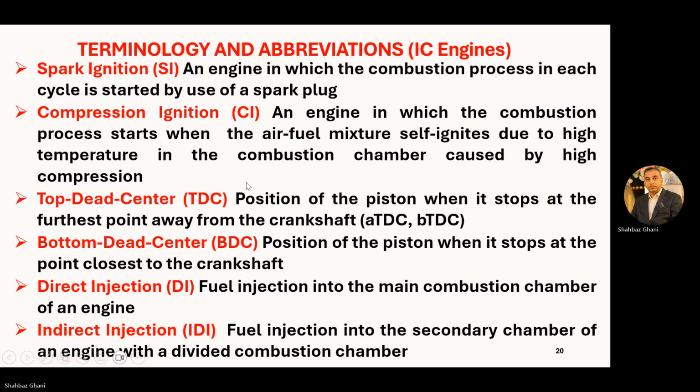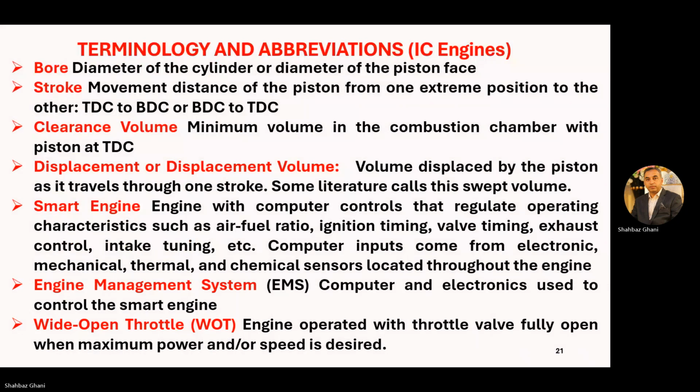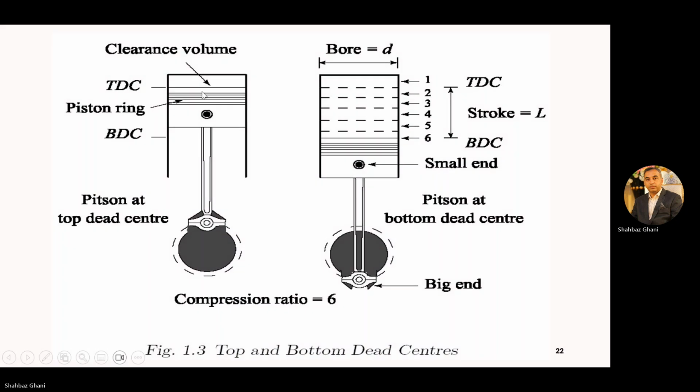Okay. Now, top dead center, TDC: position of a piston when it stops at the furthest point away from the crankshaft. Let's see the figure. This is your crankshaft, and this is your connecting rod, and this is your piston.